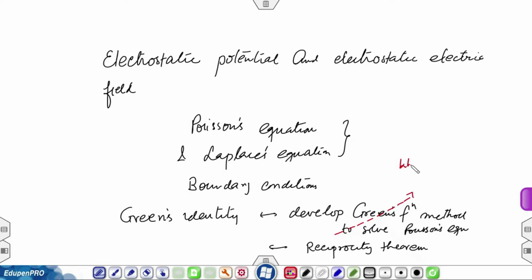We will come back to it later in the course. Today I will focus on the reciprocity theorem. For that, I will develop Green's identities first.